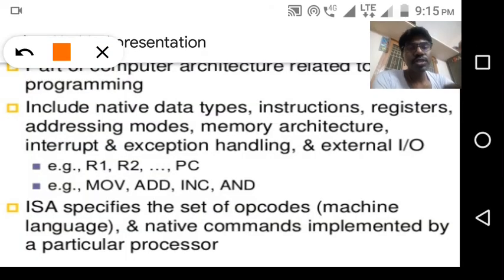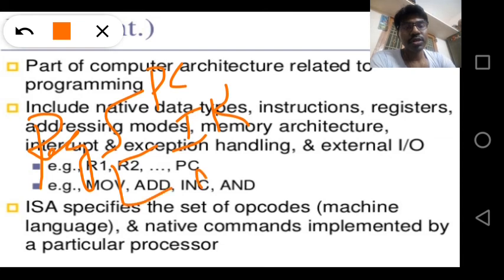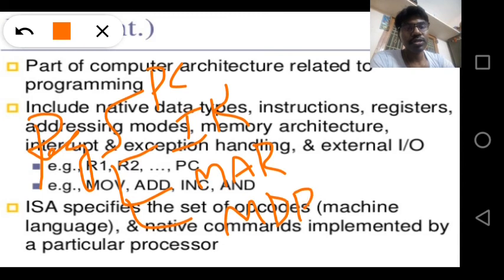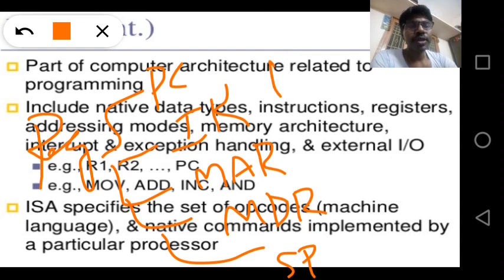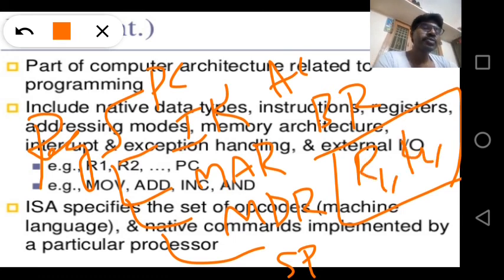Registers can be the program counter register, IR register, MAR register, MDR register, stack pointer register, accumulator register, BR register. Apart from this, there are some general purpose registers like R1, R2, R3. These are the different possible registers.